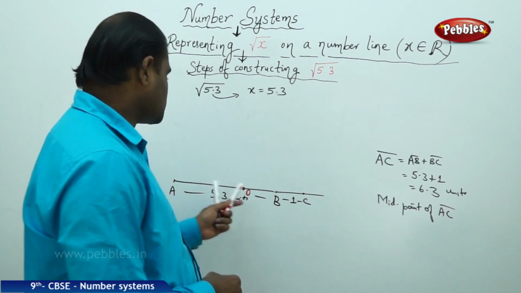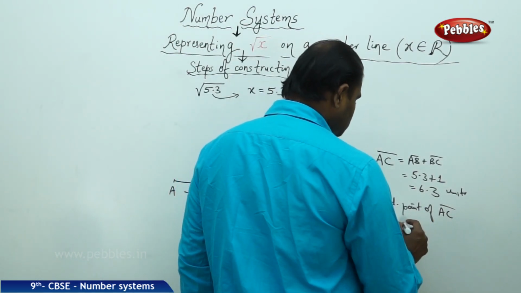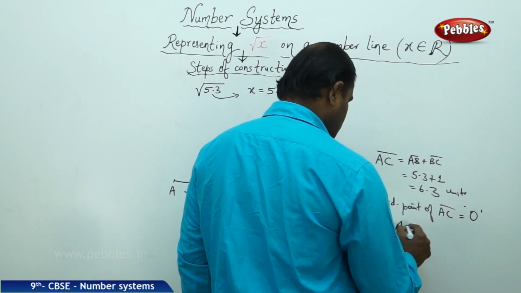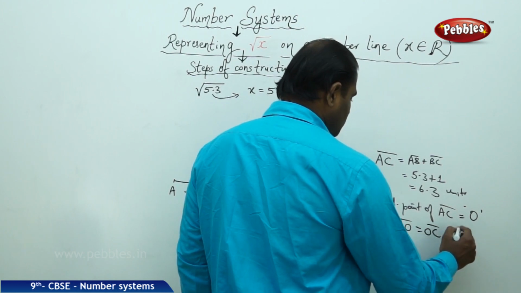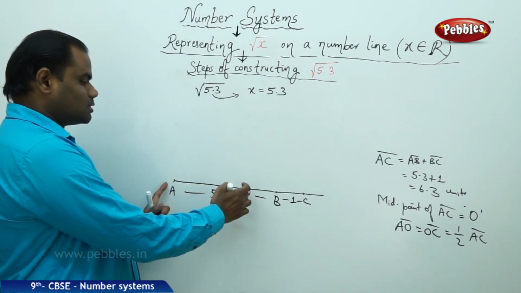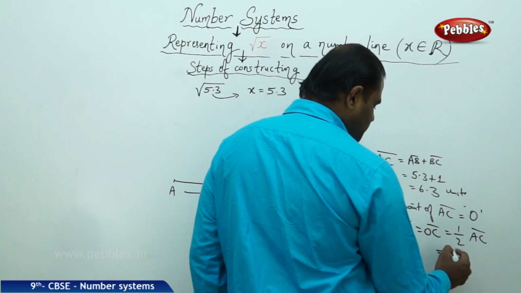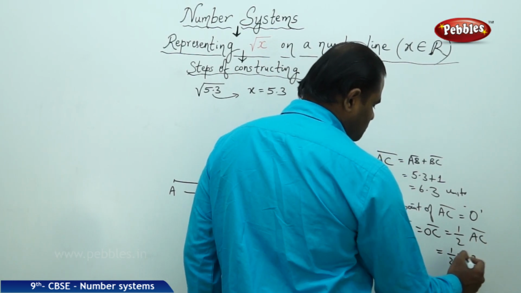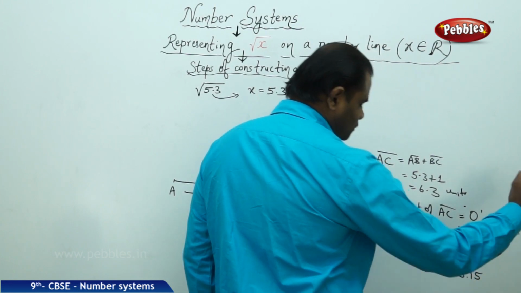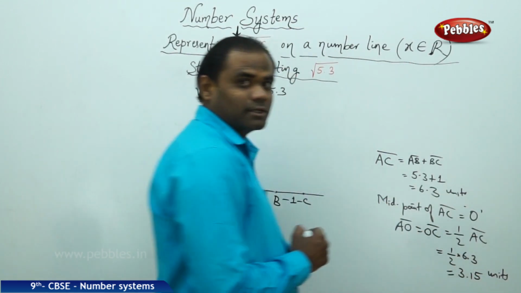Let's see what the distance AO or OC is. AO equals OC, which is half of AC. AC being 6.3, half of 6.3 is 3.15 units.